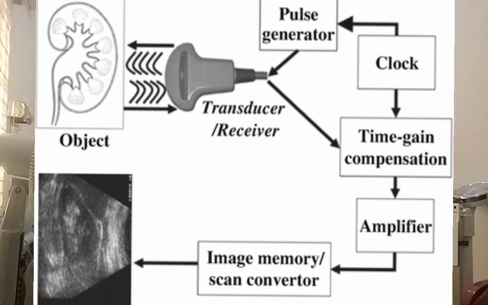After that, the processed data is stored in the memory at an address location. Once all the address locations have been filled, the data is read from the memory and sent to the TV monitor to be displayed as the image that you see.